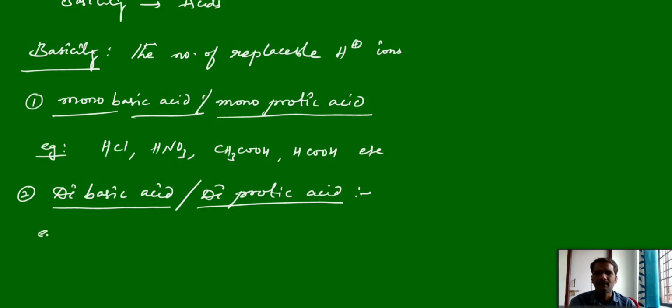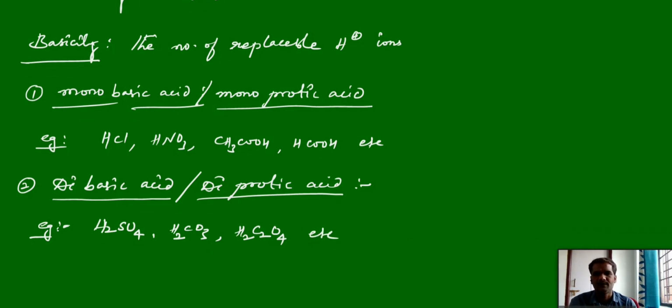Examples for diprotic, anyone can give the examples here? H2SO4, H2CO3, H2SO3. We can take sulfuric acid, it can donate 2 protons, carbonic acid, oxalic acid. These are the few examples which come under dibasic or diprotic acids. Very nice.